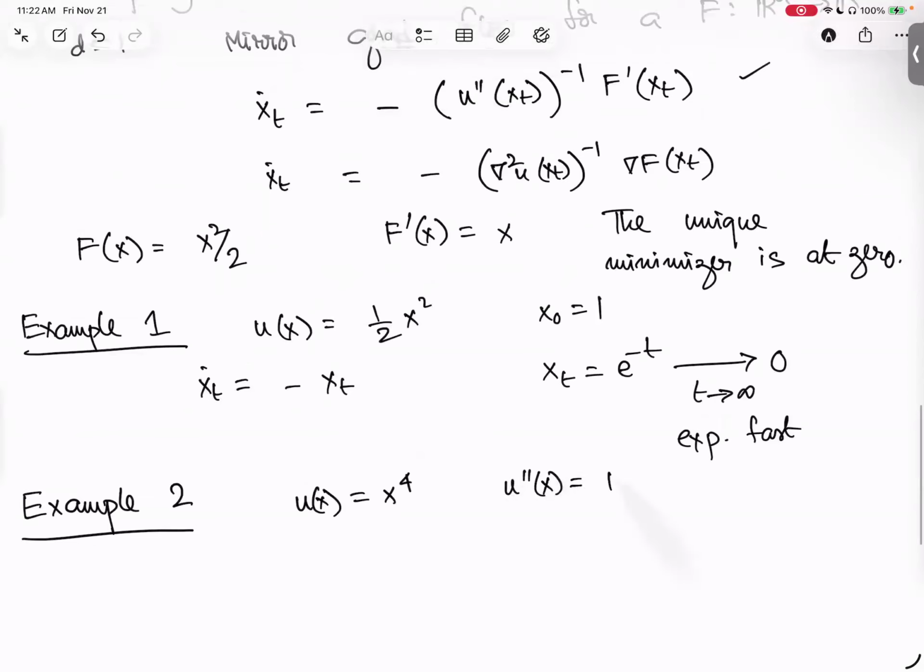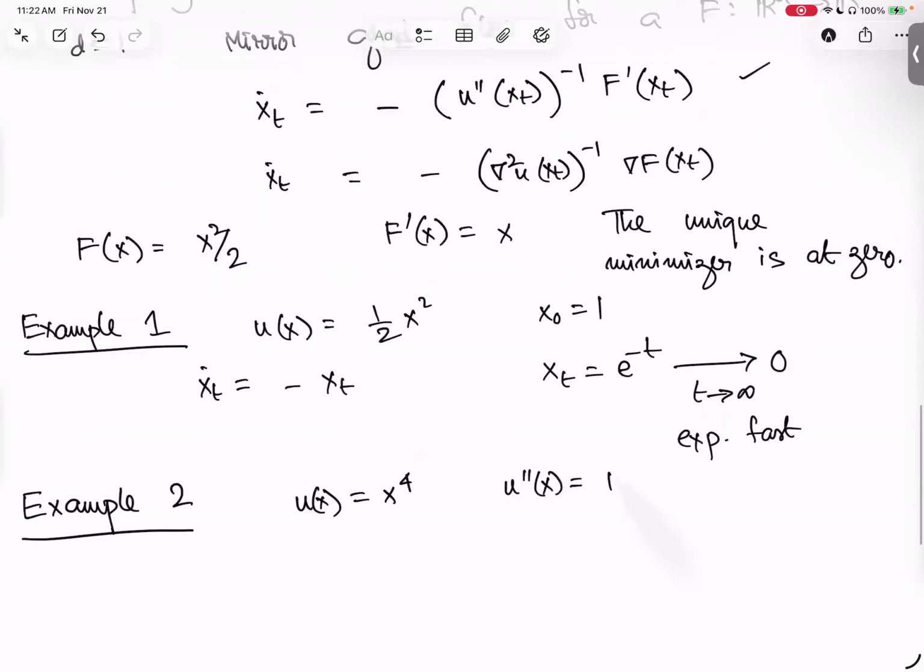Now if I write down the mirror gradient flow, I get minus 2 over xt cubed, inverse, times xt, which is minus 1/2 xt to the power 4. Again, x0 is equal to 1.